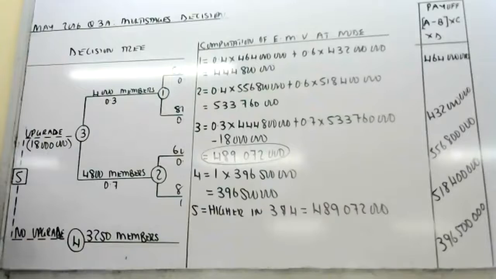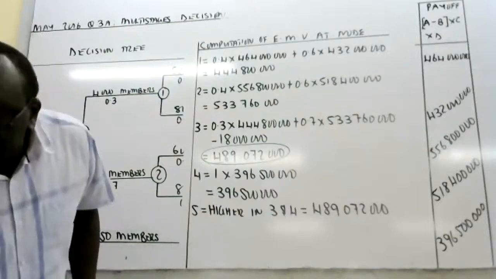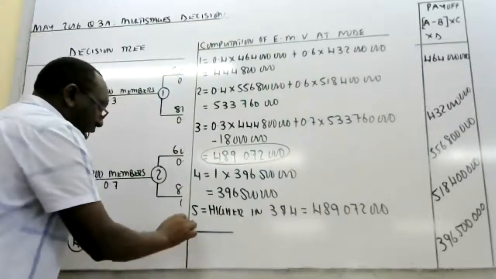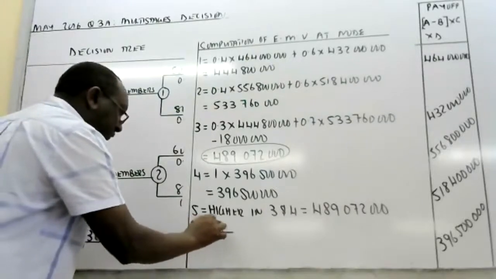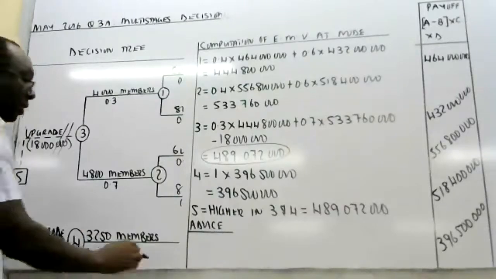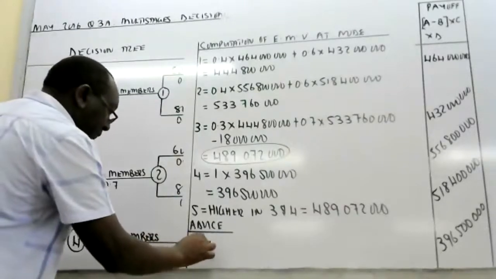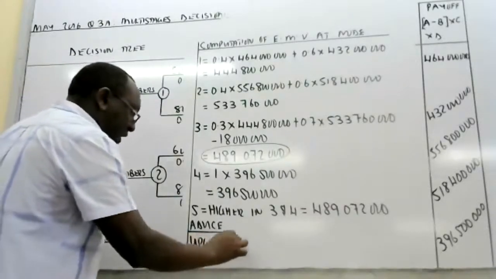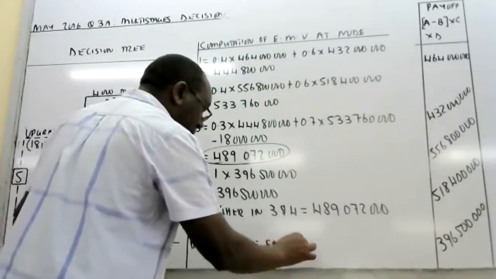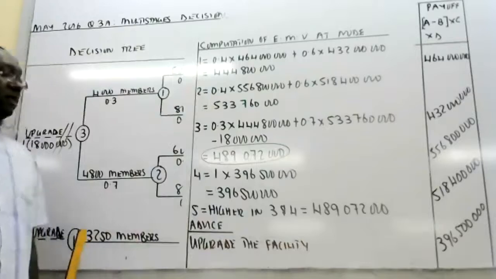We have gotten it from number 3 here. So we mark that way. And when we mark it that way, we now come and give the advice. The advice is you upgrade the facility.